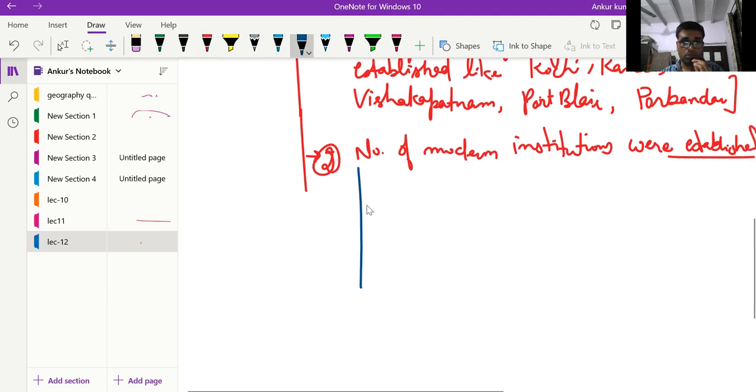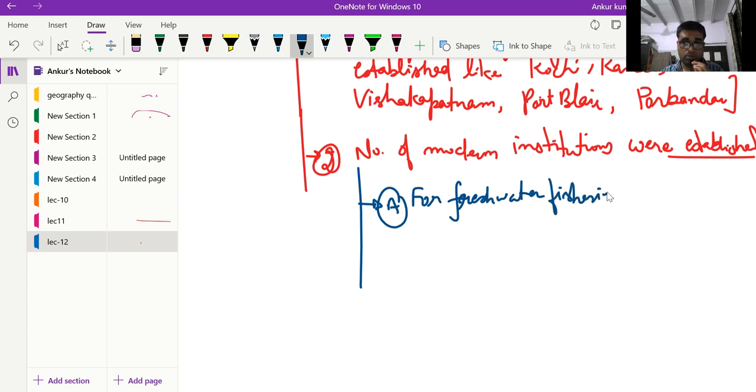Okay, number one was for freshwater fisheries. The research institution was established at Barrackpore in Kolkata.